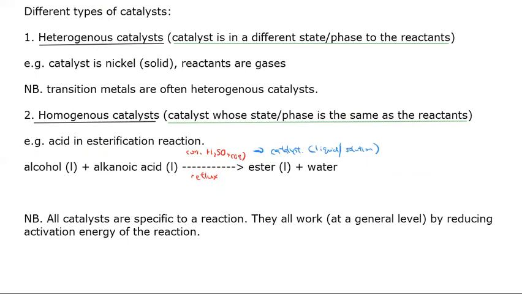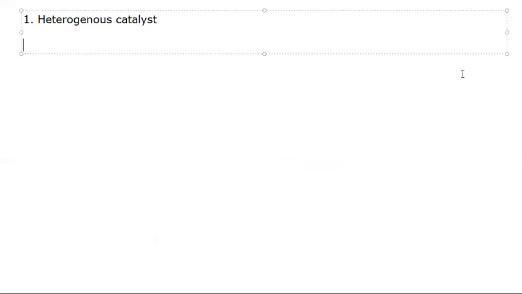So your heterogeneous catalyst is basically your surface catalysts and are typically your transition metals. So typically is a solid, e.g. metal, and often a transition metal.